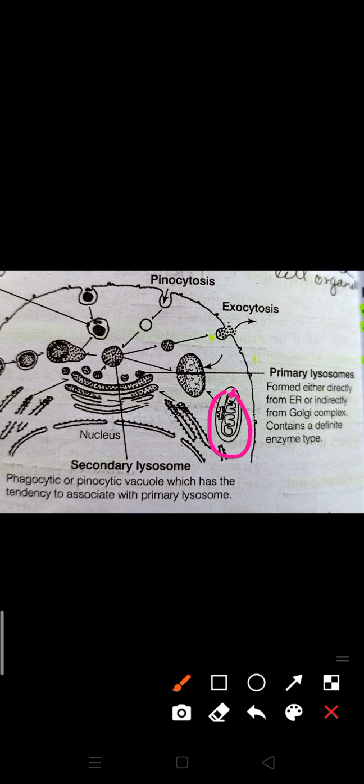How does this mitochondria get digested? When the primary lysosome, you can see here, binds itself with the mitochondria, which is not healthy, for digesting it, clear? At that time it is known as the autophagosome.